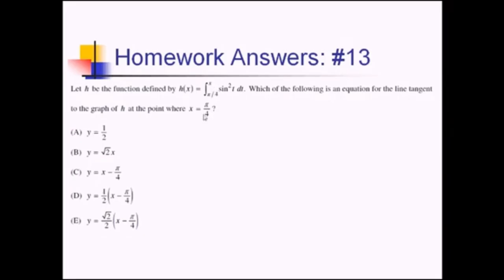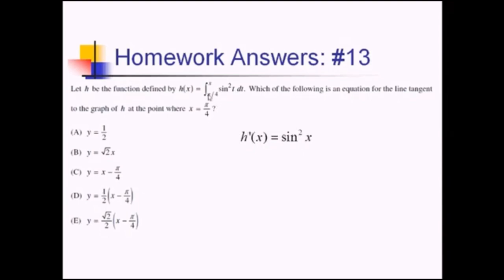So for the slope, we're going to have to take the derivative of h. Since this is an integral with x in the upper limit, we can just use our fundamental theorem and replace the t with an x and get rid of the integral. So this is just going to be h prime equaling sine squared of x. Let's use the correct function name here.